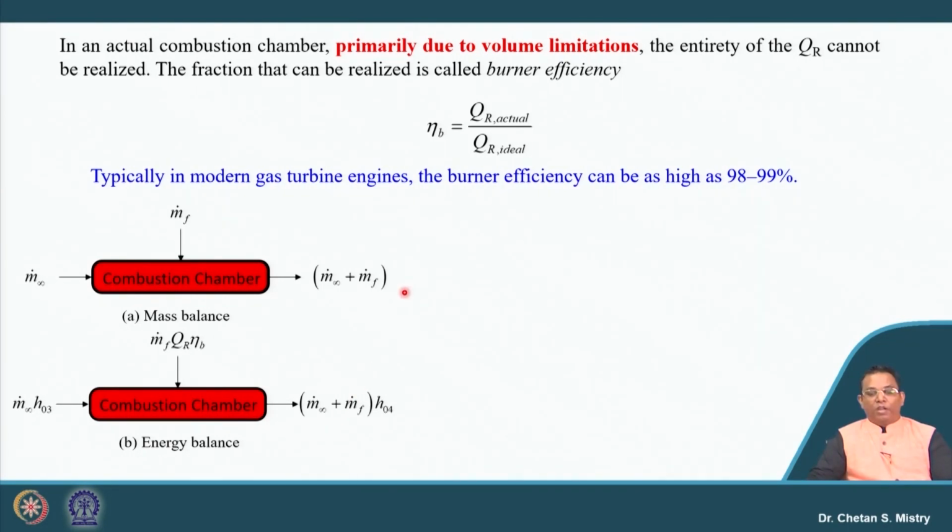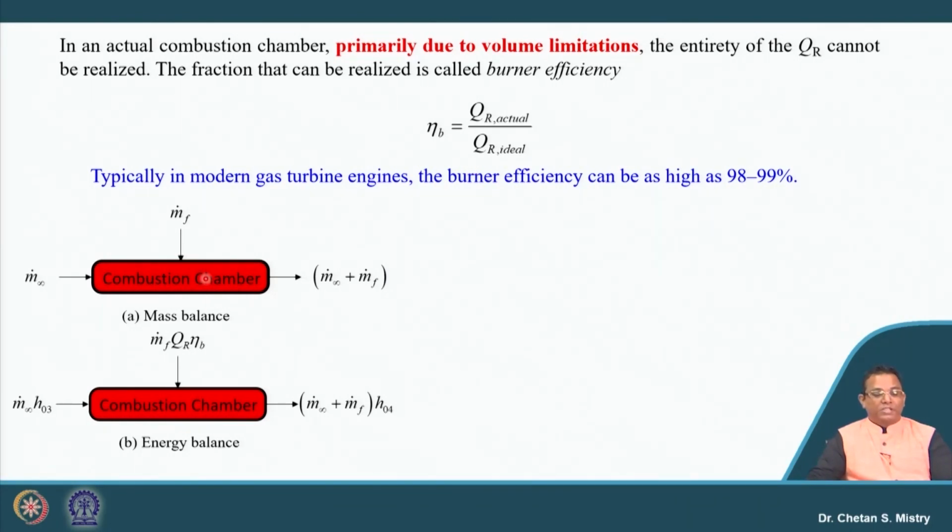Because of volume limitation, as we have discussed, within a constrained volume we are looking for the combustion to happen, and that gives what we are looking for in the downstream component, my turbine. So, my efficiency of the combustor or burner efficiency is QR actual divided by QR ideal. The efficiency of this combustor is highest, in the range of 98% to 99%.